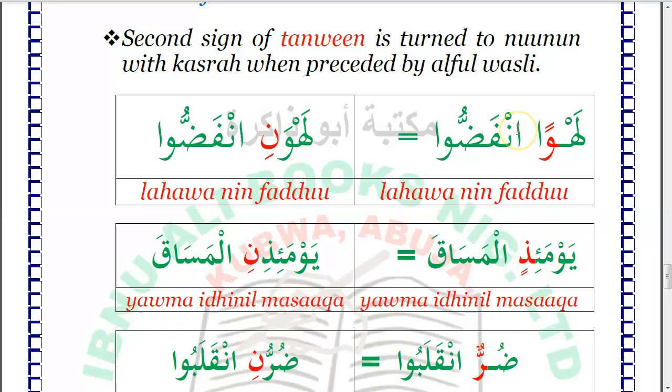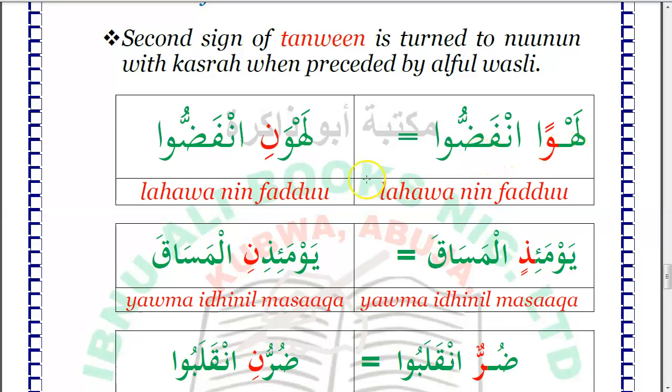And this alif al-wasl, so we are going to read with single fatha. How are we going to read this? We are going to start reading with single fatha. Lahawa. So the second fatha, we turn it to noon with kasra. That is the only way we can read this correctly.